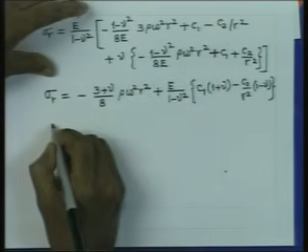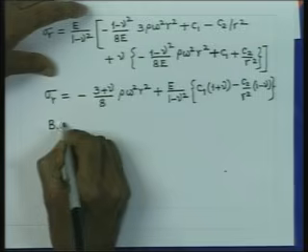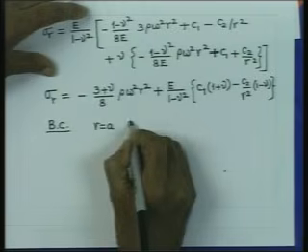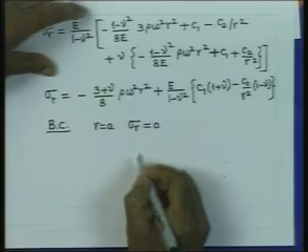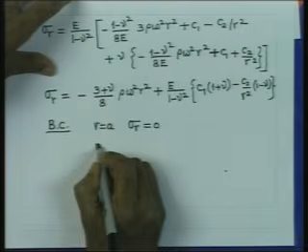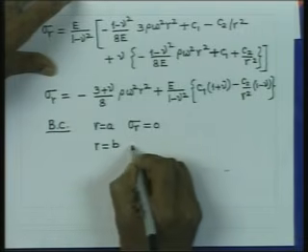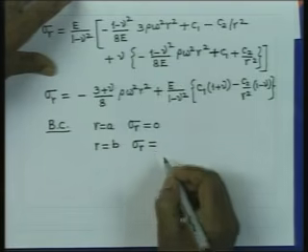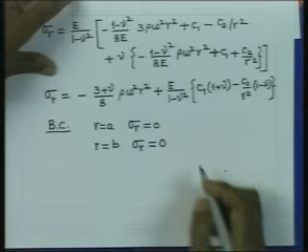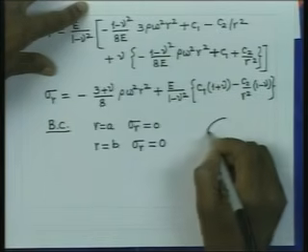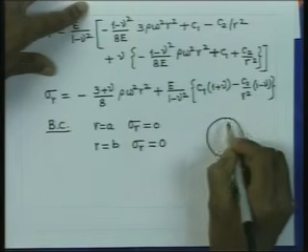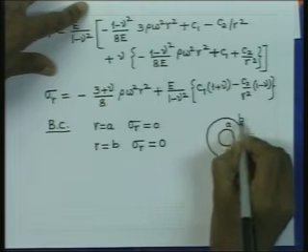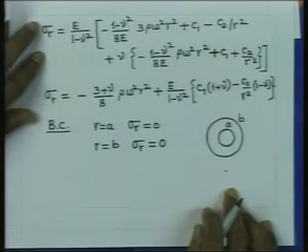So, the boundary conditions that we have to make use of here are: at r equal to A we have radial stress sigma r equal to 0. Similarly, at the outer boundary r equal to B, if we write the outer radius to be B, that is also going to give us sigma r equal to 0. So, both at the inner radius and outer radius the stresses are 0.